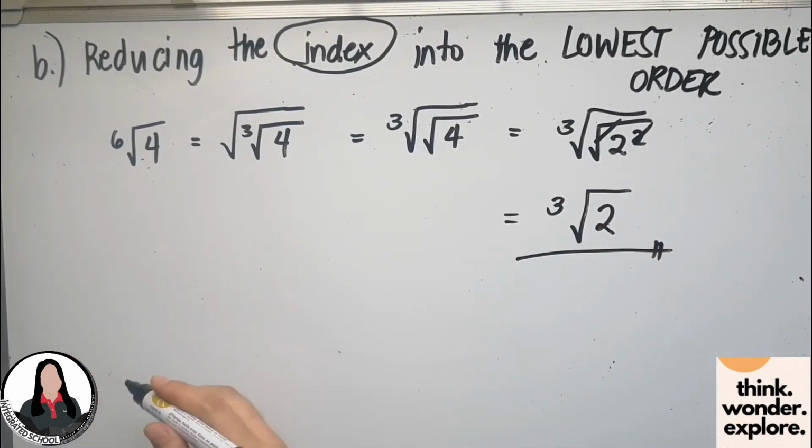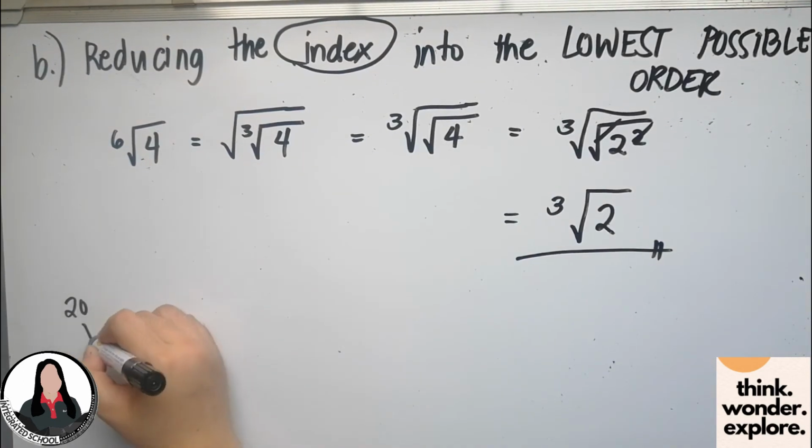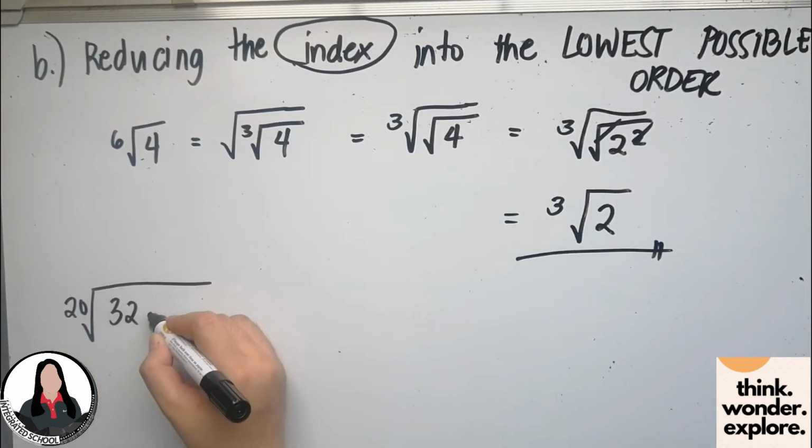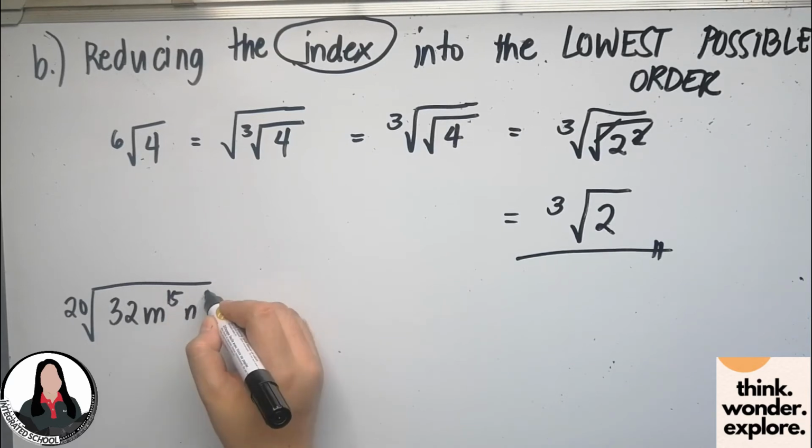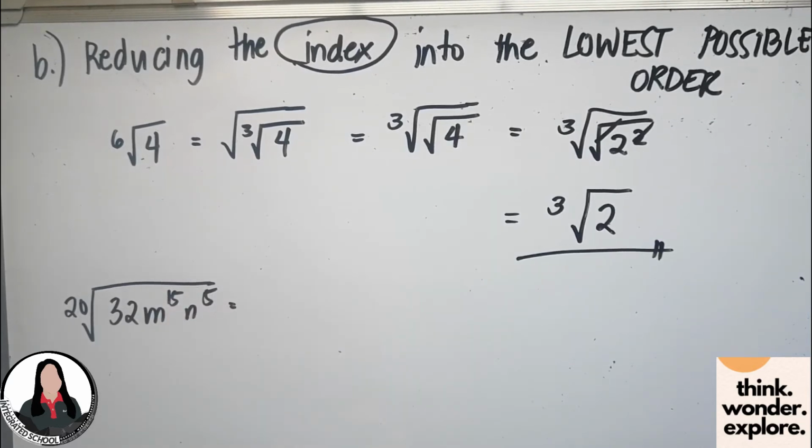Another example under reducing the index into its lowest possible order is the 20th root of 32 m raised to 15 n raised to 5. Okay? So, para mas mabilis natin siyang ma-reduce, we can use our constant 32 sa pamamagitan ng pag-turn natin ng 32 into its exponential form.